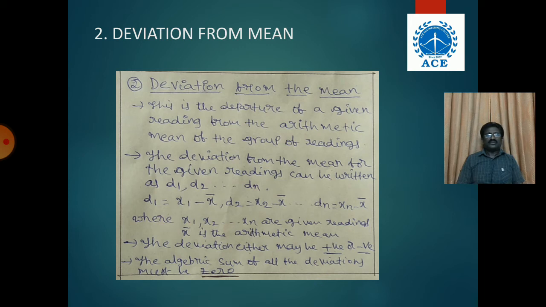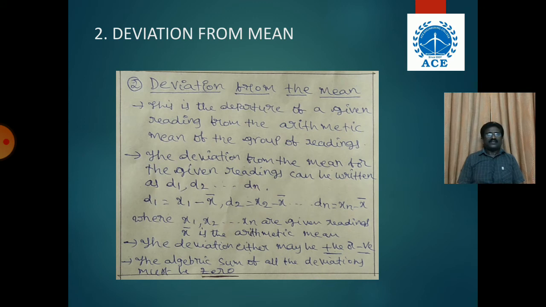d2 is the second deviation, from the second reading minus the arithmetic mean, and so on. In the same way, the deviation for n values: dn is equal to xn minus x bar, where x1, x2, so on xn are the given readings and x bar is the arithmetic mean.